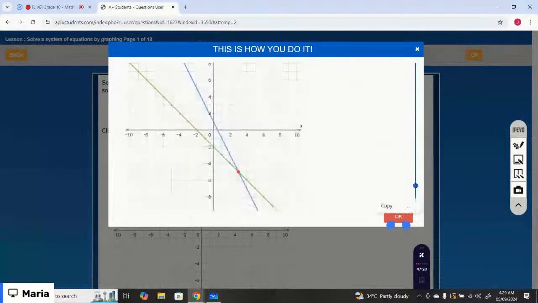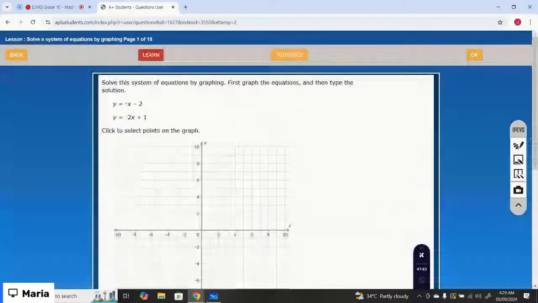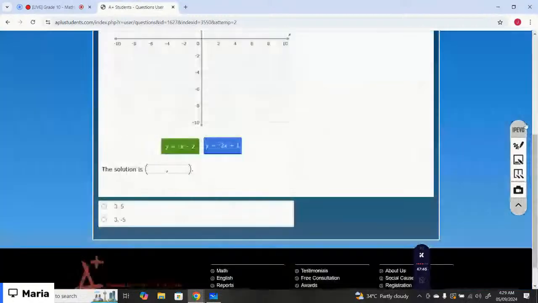So you can see you have to make both lines on the same graph and you have to find the point of intersection, right? So for this one, the solution is 3, -5.